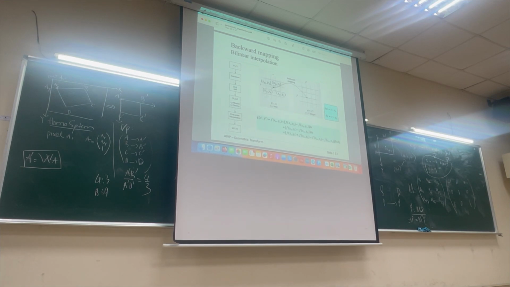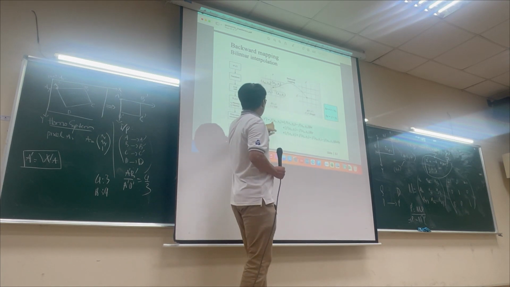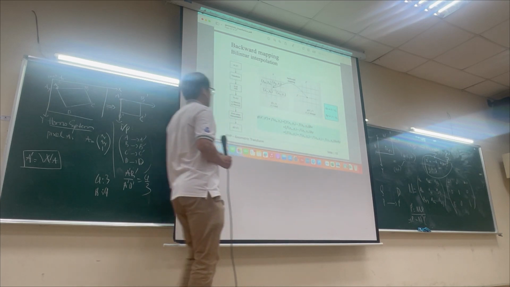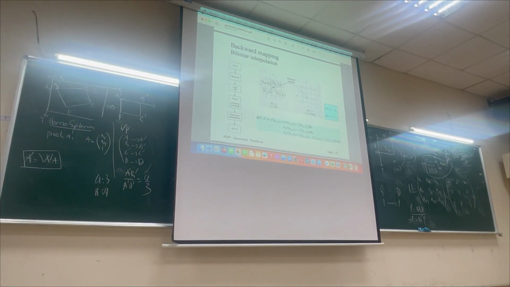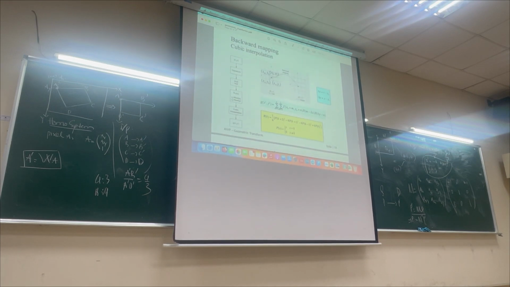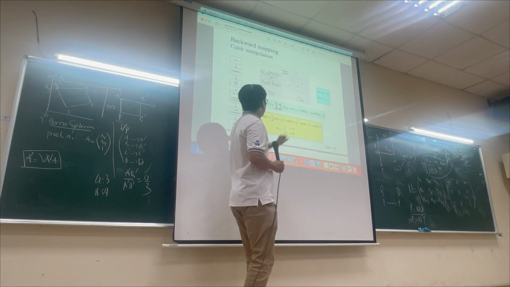For bilinear, you take the intensities of the source and multiply them by weights. And then there is cubic. You have to perform the interpolation equation here. Cubic.